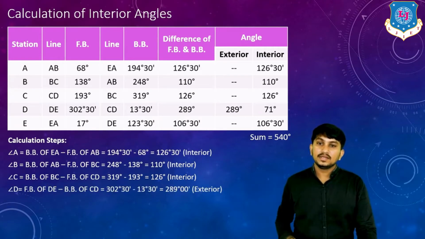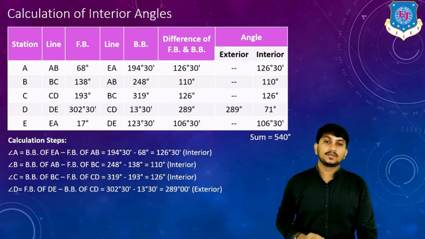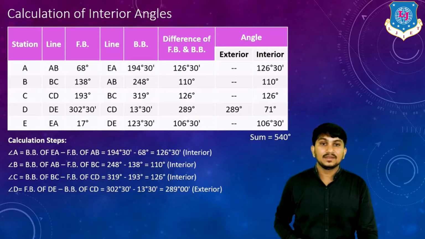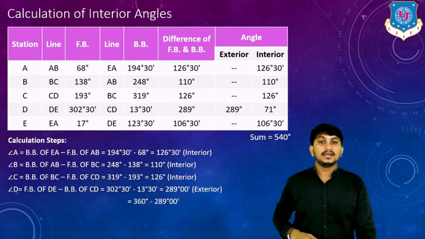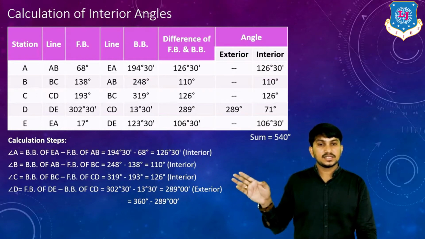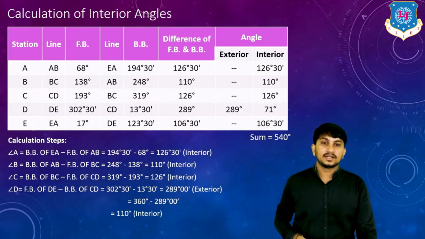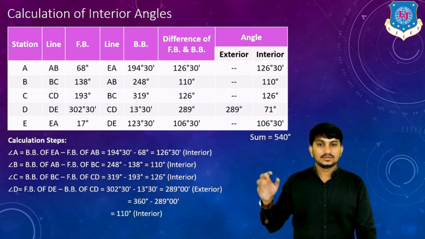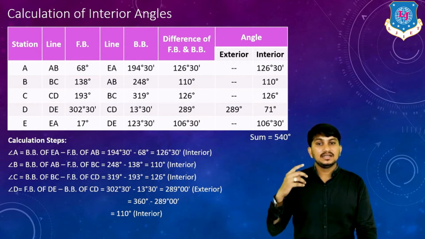Angle D, here FB of DE minus BB of CD, 302 degrees 30 minutes minus 13 degrees 30 minutes. The difference is 289 degrees, which is an exterior angle. So we have to convert this exterior angle into an interior angle by deducting this value from 360 degrees. Sorry, 360 degrees minus 289 degrees, which is 71 degrees.